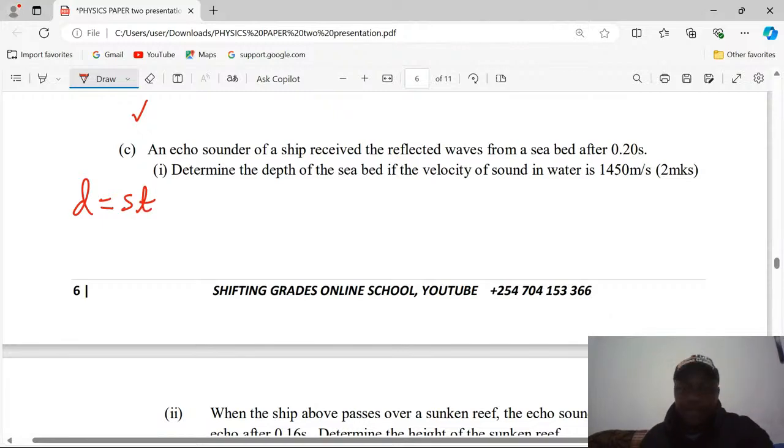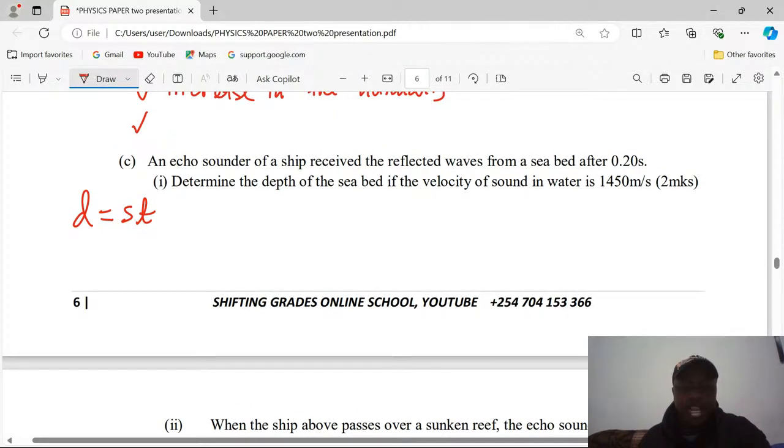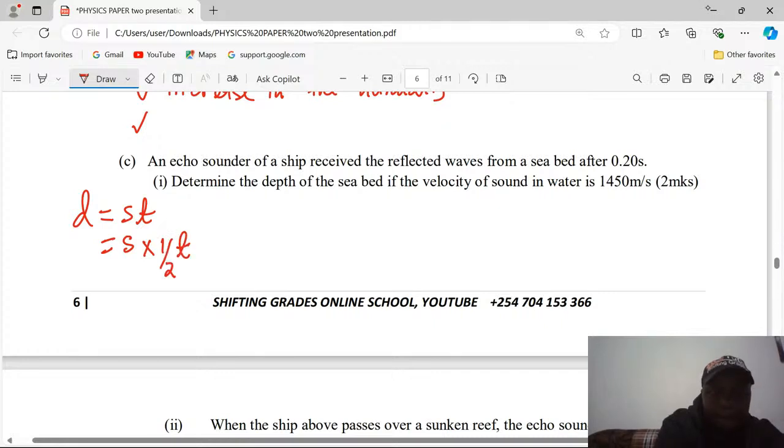But for this case, because of the reflection of the sound, this is an echo that we are receiving. The time recorded here is the time for the sound to go to the seabed and come back to be received as an echo. So we divide the time by 2, so that we get the time for one journey. So distance is a speed of 1450 multiplied by half the time, 0.2.